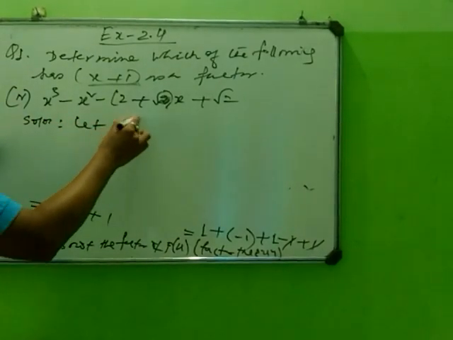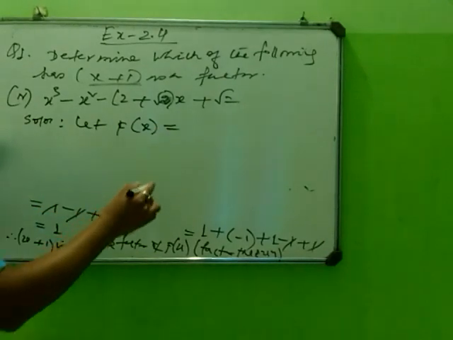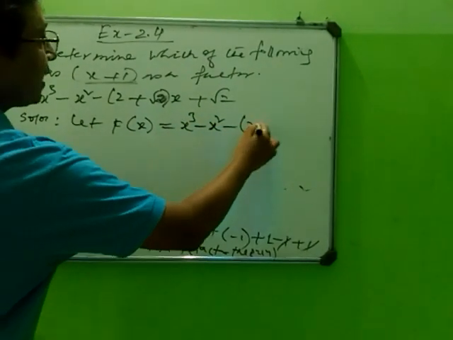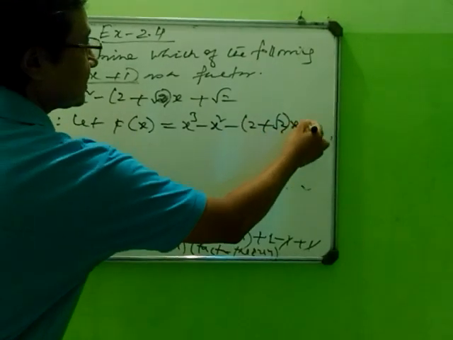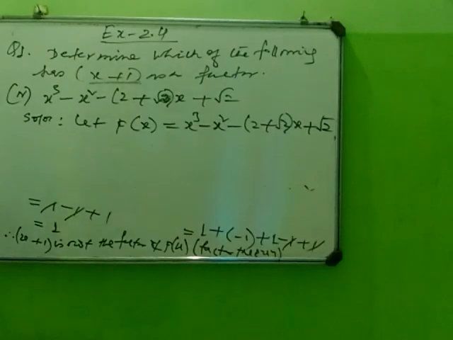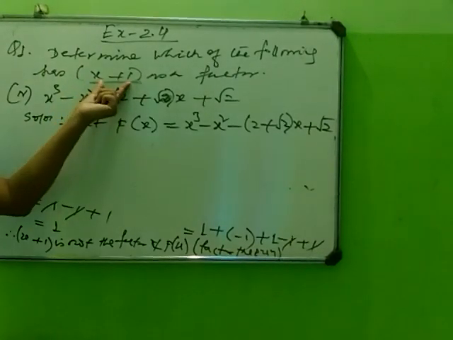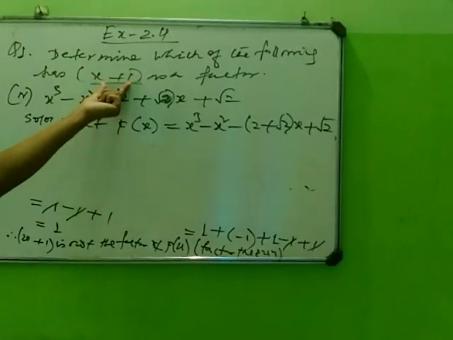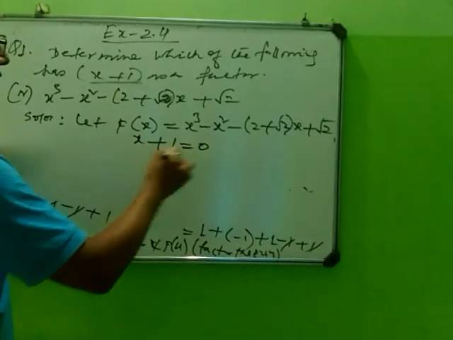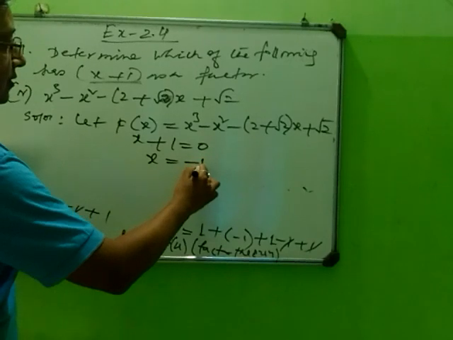Let p of x equals to x cubed minus x squared minus 2 plus root 2 x plus root 2. Now the divisor is x plus 1, make it equals to 0. So x plus 1 equals to 0, so x equals to minus 1.